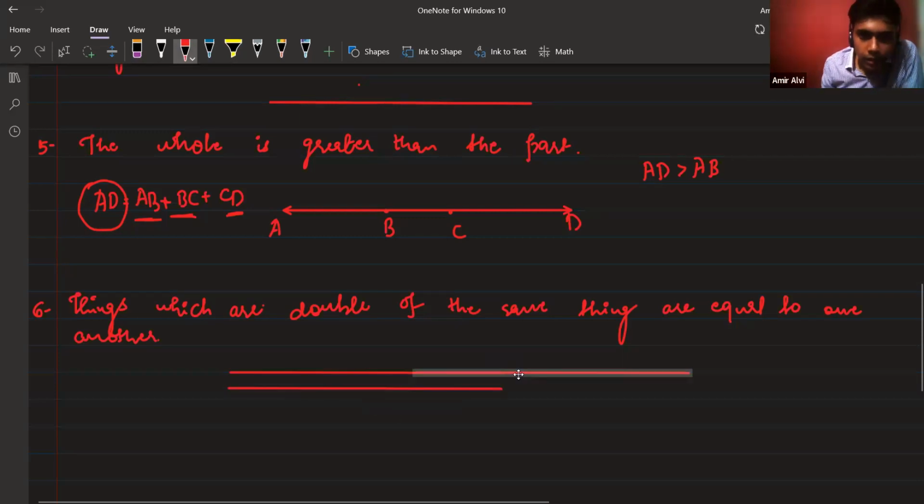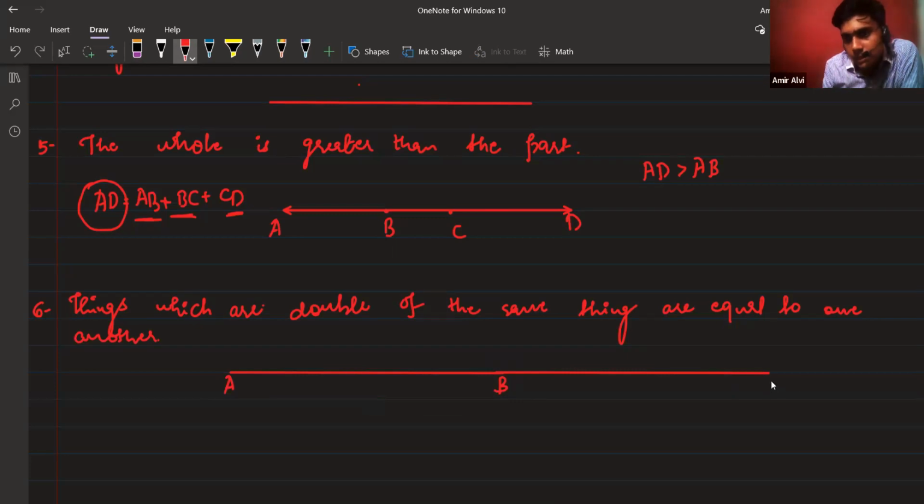Now Simran, if I join these lines, this is AB part, and this is B and this is C. And Simrat, tell me, this is a double line of AB, yes or no? Basically I have nothing but joined the same dimension, same length to AB. Yes or no? Yes. So if something is double, then obviously if we break it, they will come out equal, they will be equal or not? Yes.